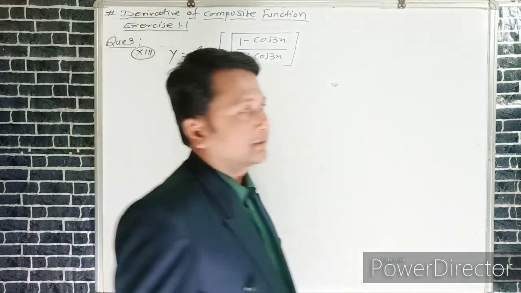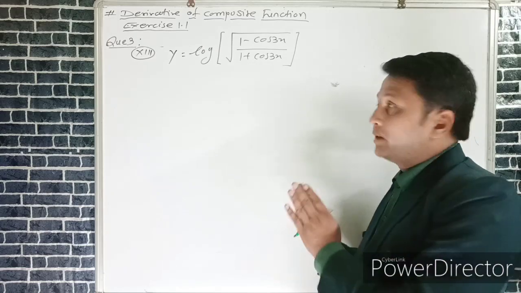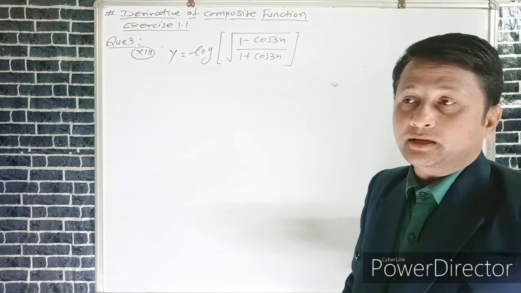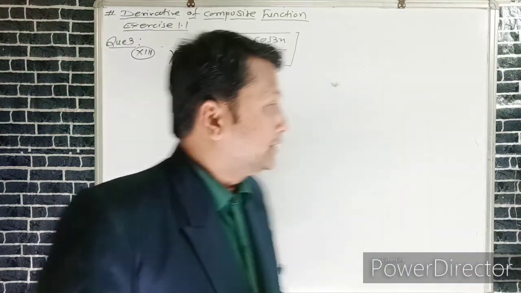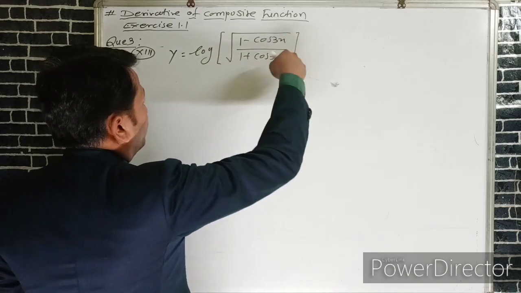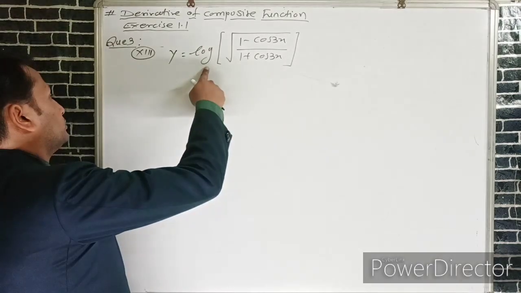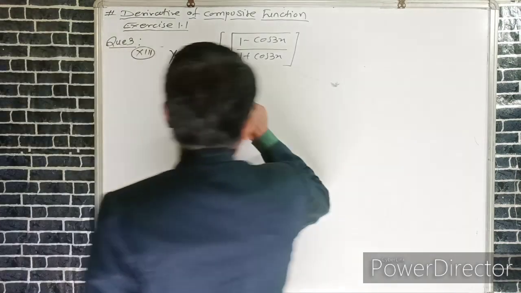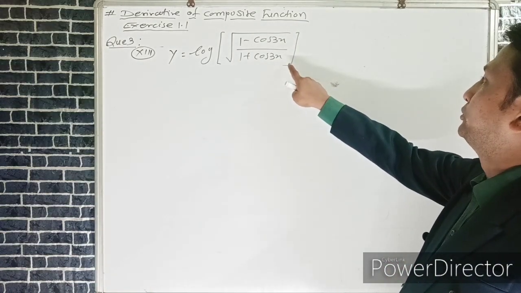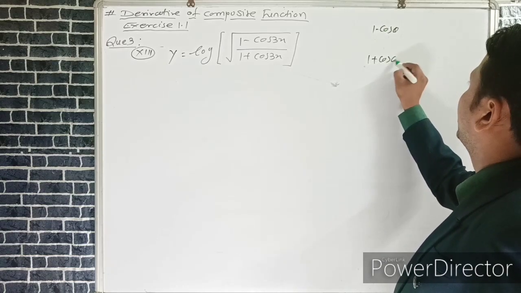In the next example number 13, given that y equals log of the square root of (1 minus cos 3x) upon (1 plus cos 3x). Here we can solve using the square root as whole raised to the power 1 by 2. By applying the logarithmic rule we can solve it, but here we solve by using the rules of 1 minus cos theta and 1 plus cos theta.